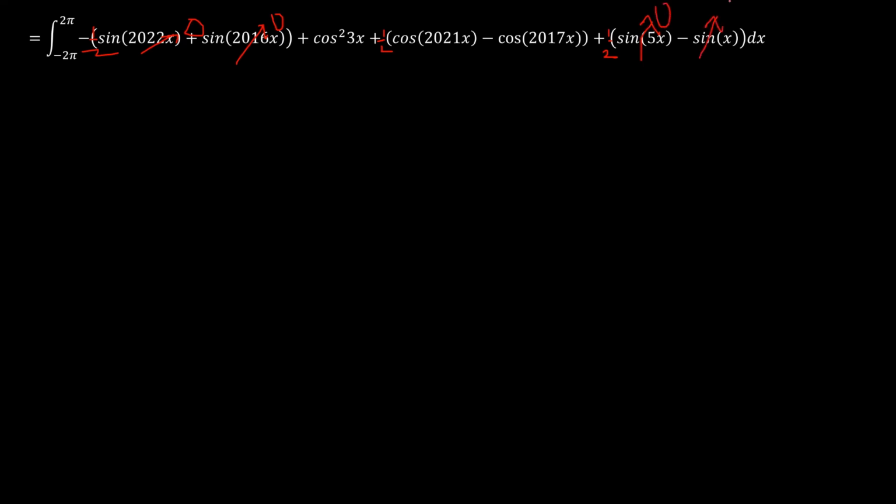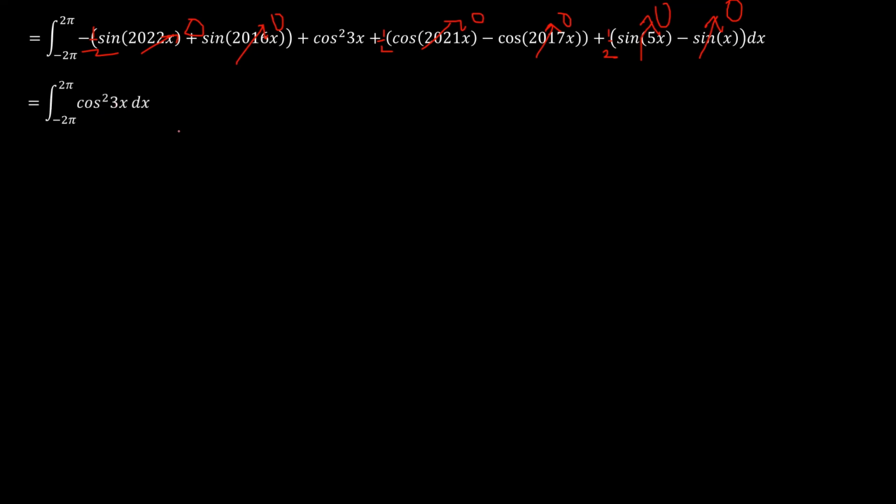And when you integrate cosine 2021x, you get sine 2021x over 2021, and sine of 2 pi times an integer is 0, same thing with negative 2 pi. So the same applies to this, which also tends to 0. And so you're left effectively with the integral of cosine squared 3x.